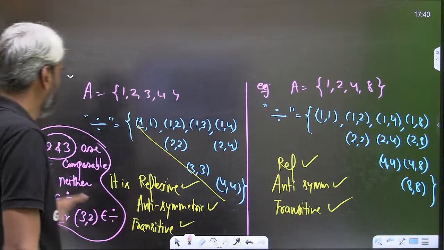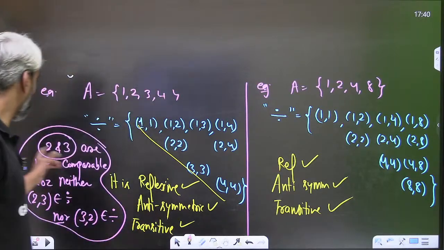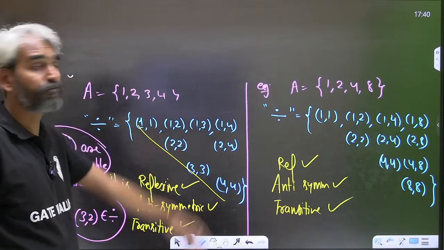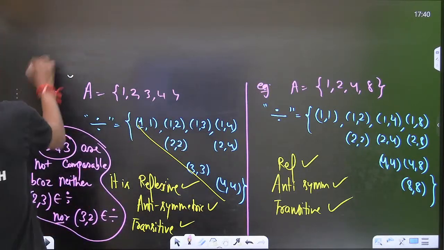Make sense? So neither 3 divides 2 nor 2 divides 3. Therefore 2 and 3 are not comparable. Similarly 3 and 4 are not comparable.